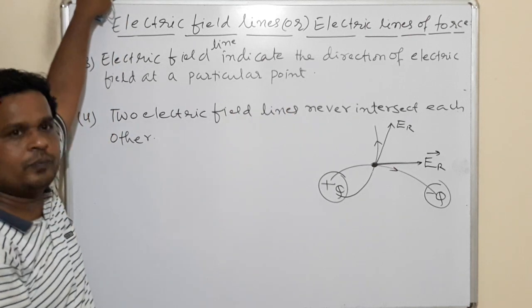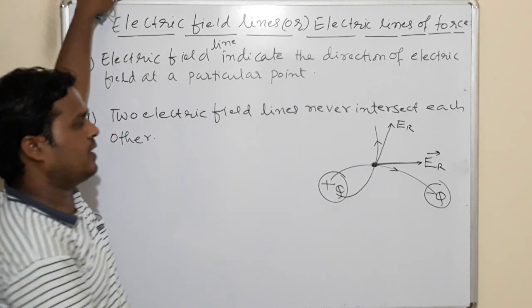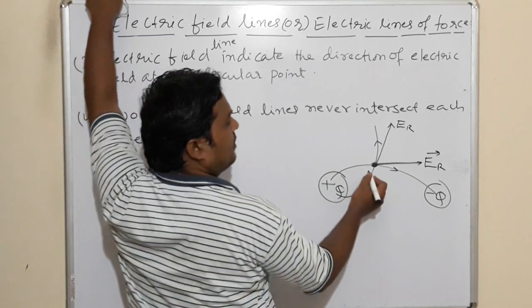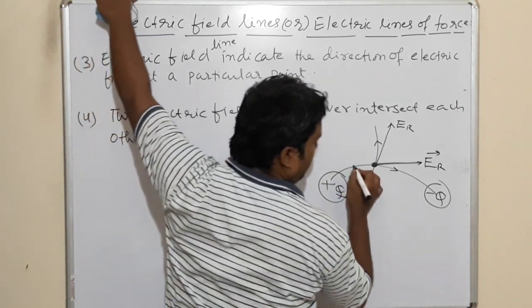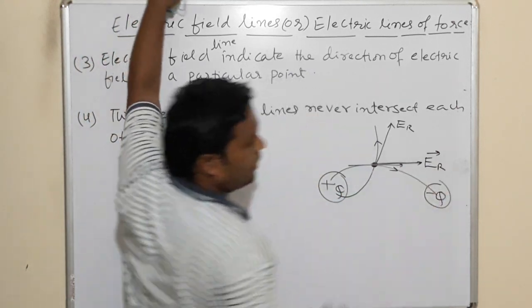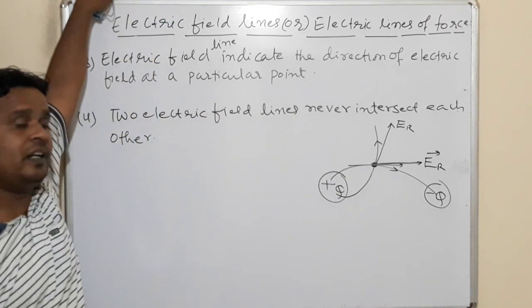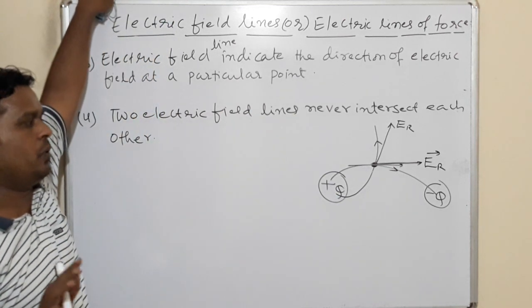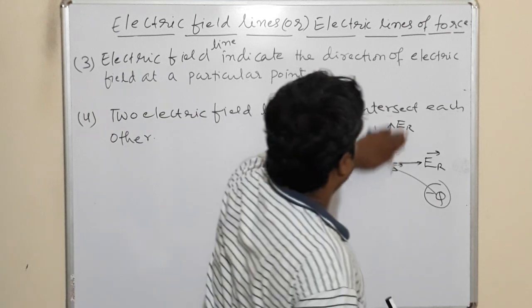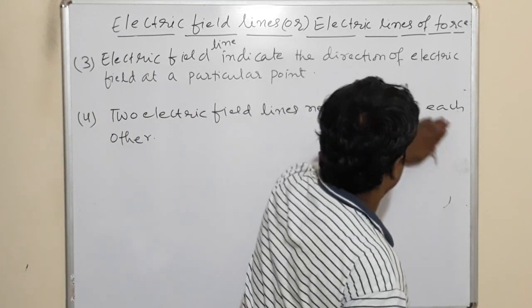While drawing them, the tangent drawn to the field line should give only one direction for the resultant electric field at a particular point. So why do they not intersect?